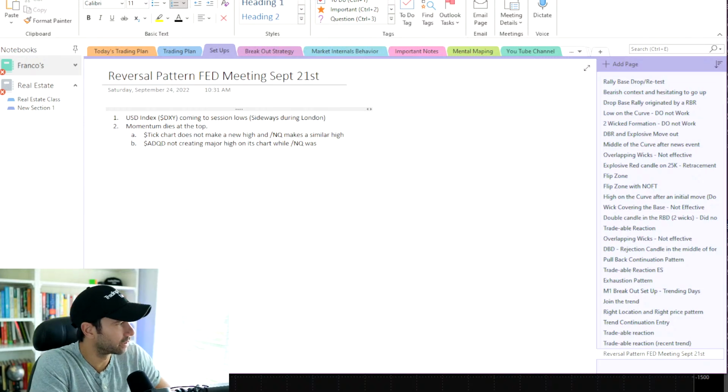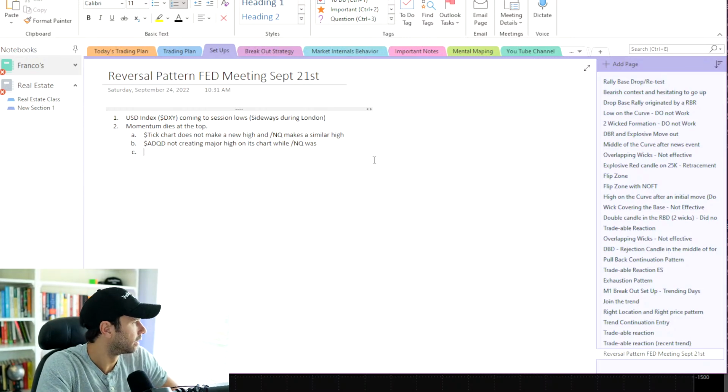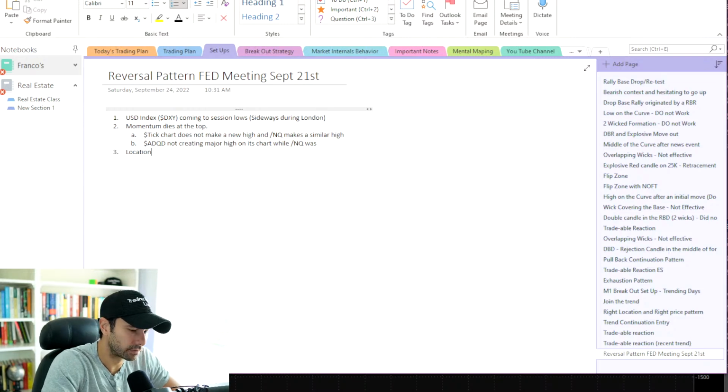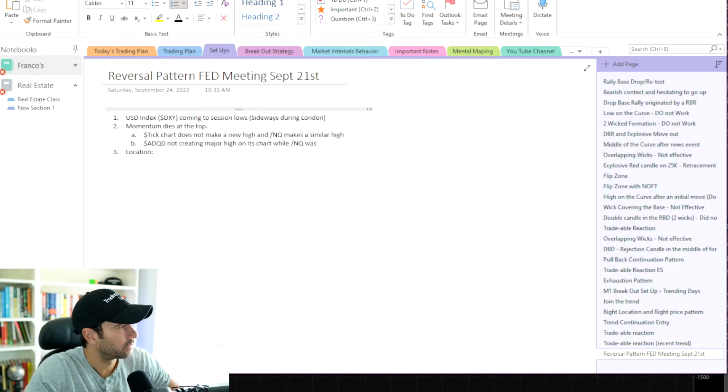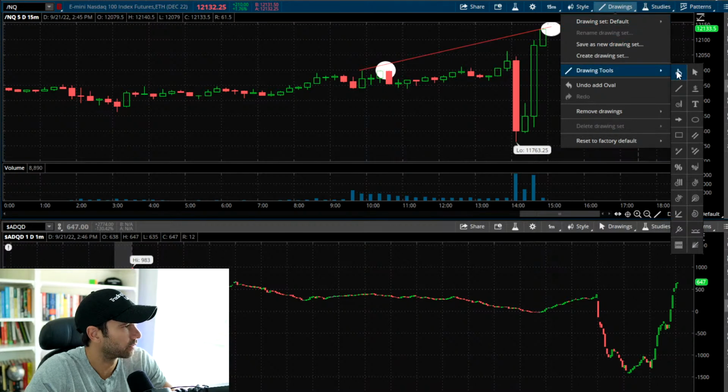So the two momentum indicators are telling us that the momentum might be dying, right? So we have the dollar, we have that. Three, location. We want to go to the location, and for that we go here. Let me get rid of all these drawings.